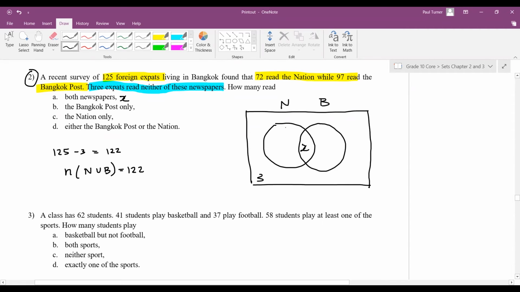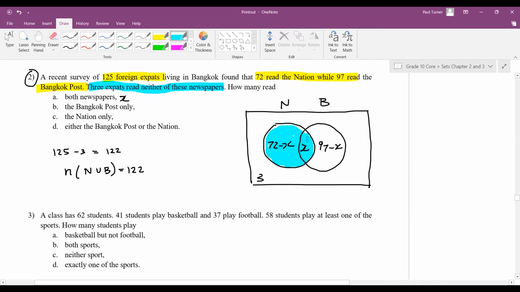And The Nation will be 72 minus X. And for Bangkok Post, 97 minus X in here. And we know now that these 3 together will equal 122.